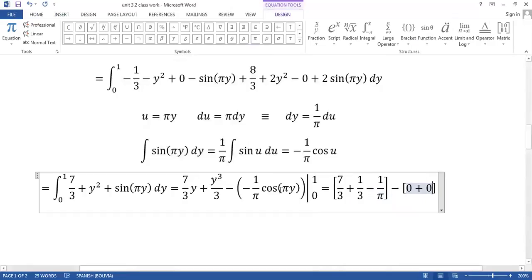At 0, pi times 0 is 0, and the cosine of 0 is 1. So 1 times this is -1 over pi, and then the negative on the outside makes it become a positive 1 over pi.